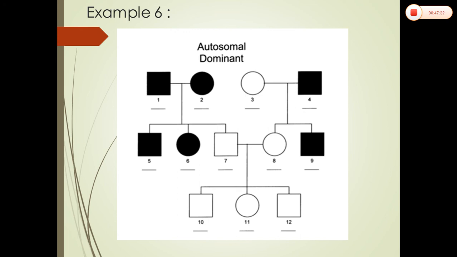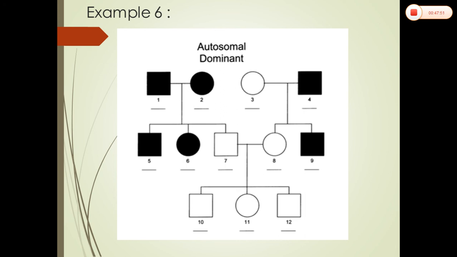Now the next example, example 6. Here you can see in the first generation 2 different couples are given. They are going to join in the second generation because their kids married, so the second generation is shown in common. First male, second female affected. Third female normal, fourth male affected.